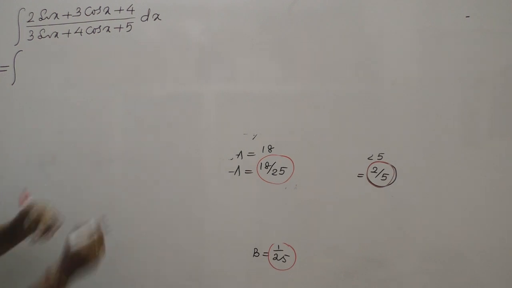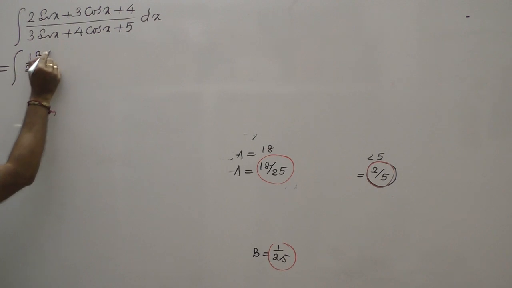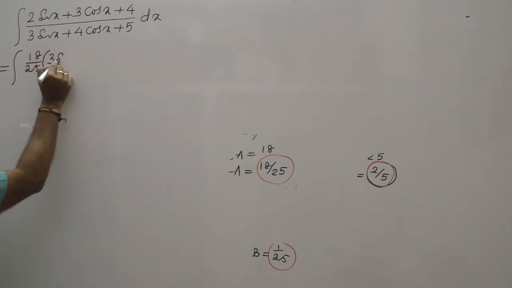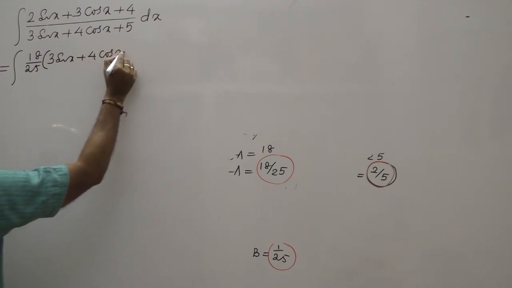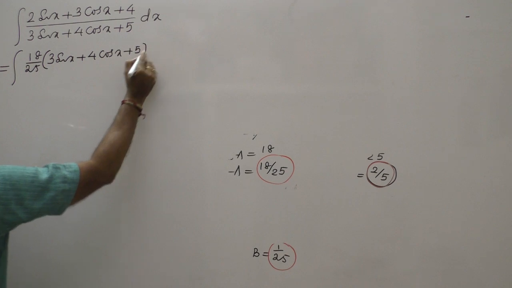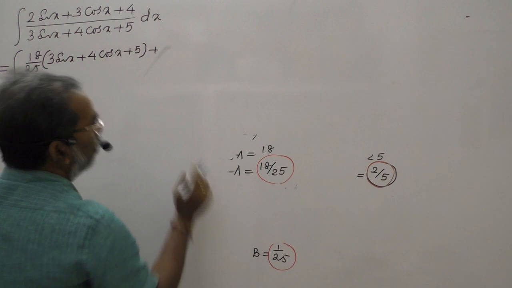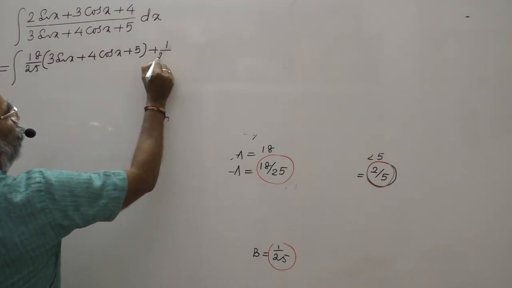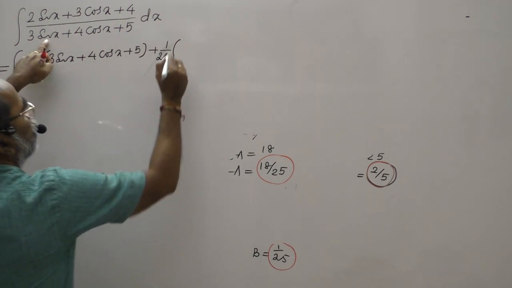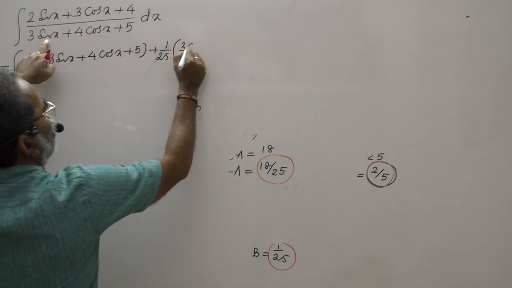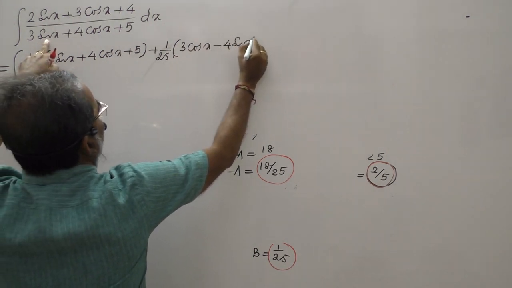Numerator is a value 18 by 25 into denominator 3 sin x plus 4 cos x plus 5, then plus b into, what is b? b has come 1 by 25, into what we wrote there, d by dx of this, that is 3 cos x minus 4 sin x, plus r.